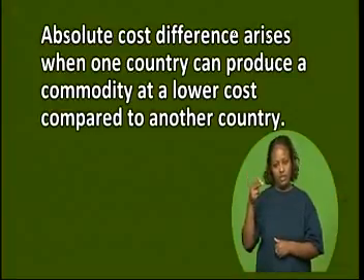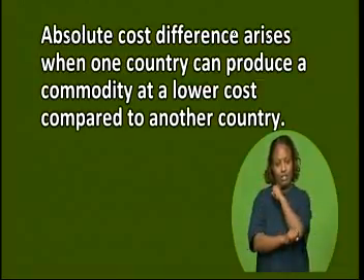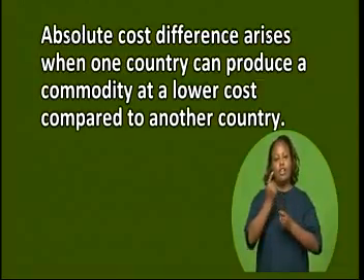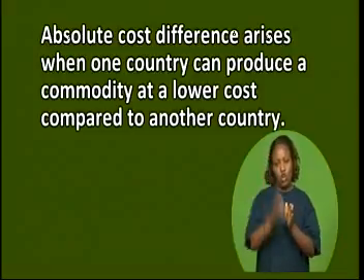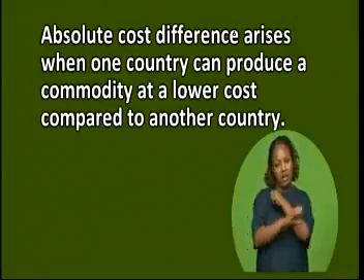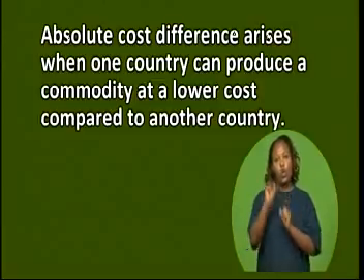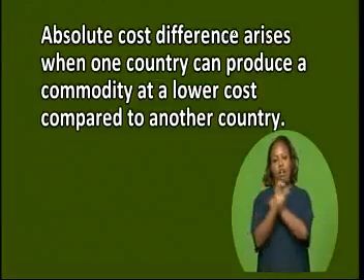According to the theory of absolute advantage, the fundamental base for international trade is absolute cost difference. Absolute cost difference arises when one country can produce a commodity at a lower cost compared to another country.